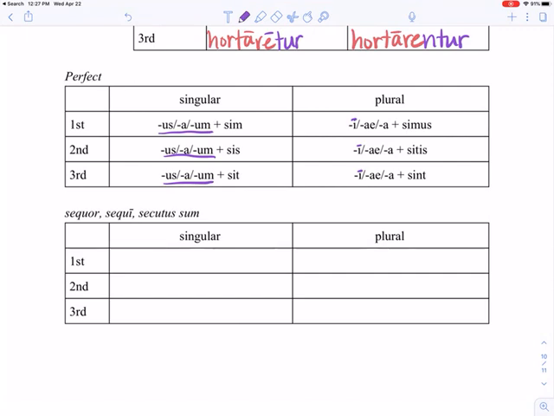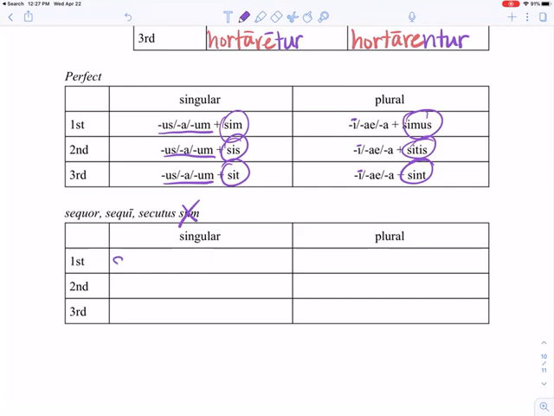It's our form of sum that changes. And these are the present subjunctive forms of sum. So we're going to take secutus sum, and again, we're not going to use sum because we have to use the present subjunctive of sum.